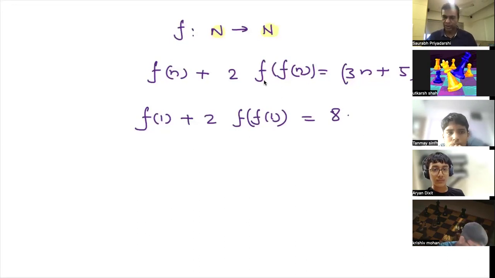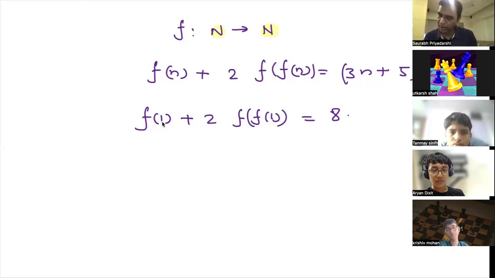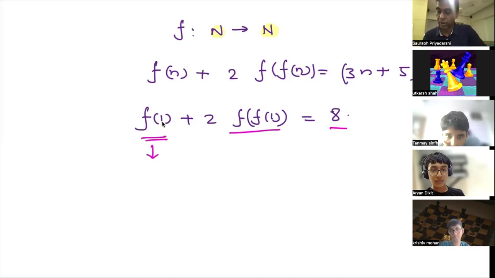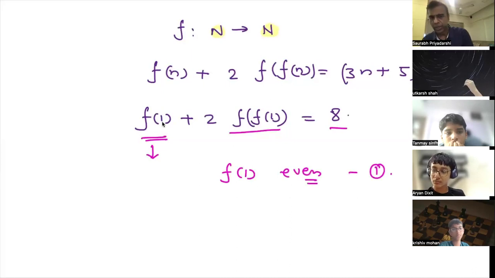We can't ignore a few of the observations, right? First, if I see this is a multiple of 2, an even number, so 100% since it's going from natural number to natural number, f(1) must be even. First observation.